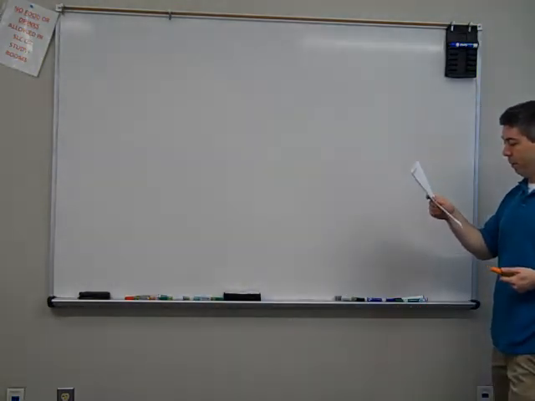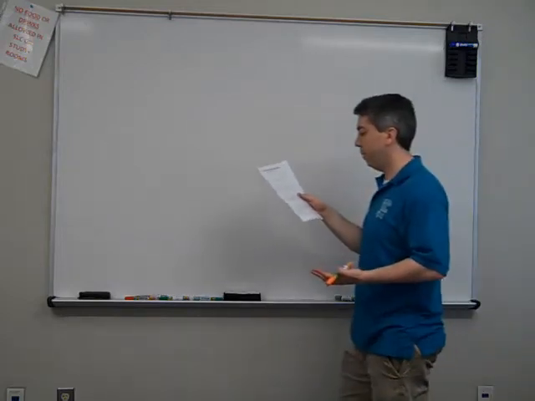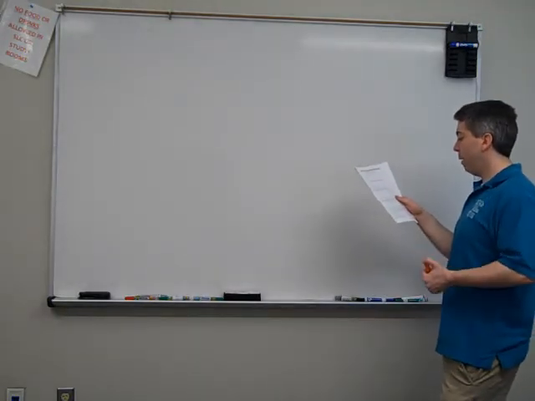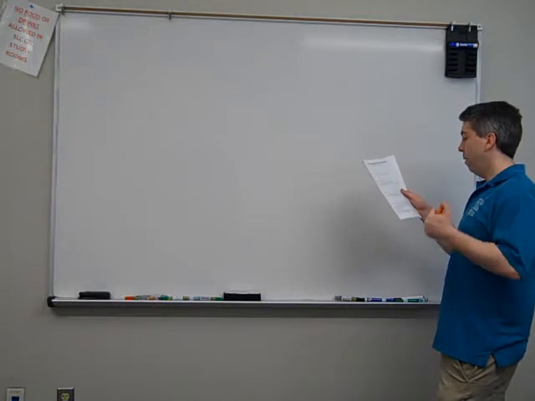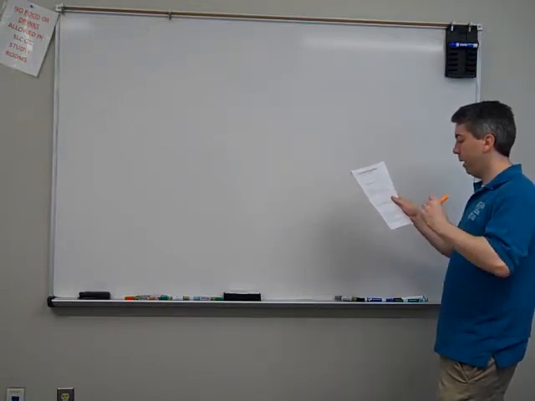When C2H5Br is 0.0477 molar and OH minus is 0.100 molar, the rate of disappearance of ethyl bromide is 1.7 times 10 to the negative 7 molarity per second.